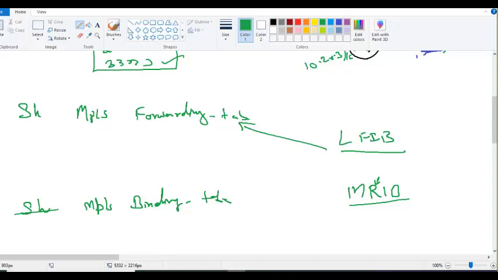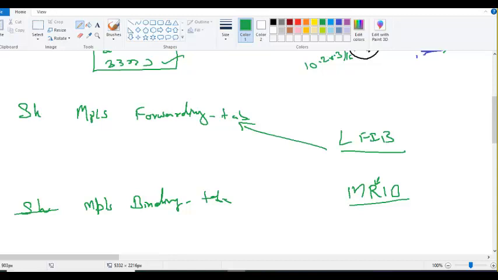Right? So these show commands will help you to troubleshoot and to verify. I don't use any other command for troubleshooting MPLS, though there are many.